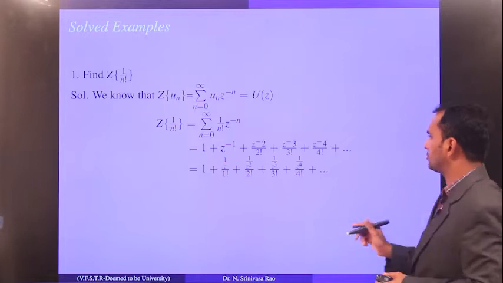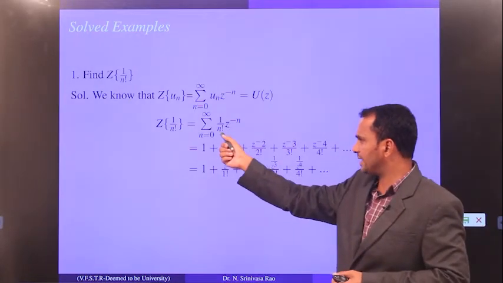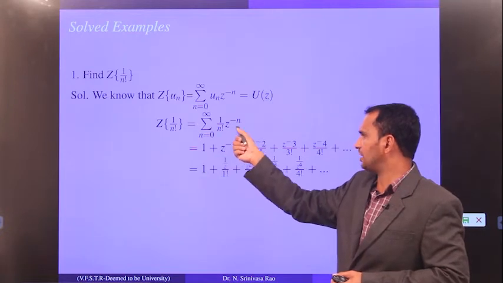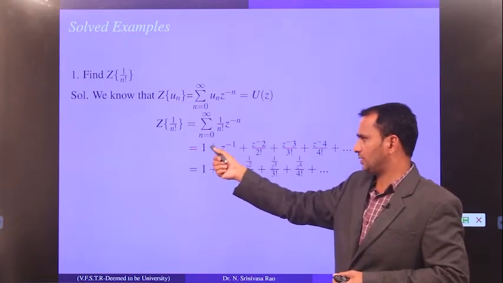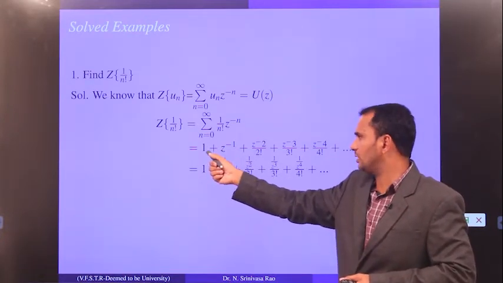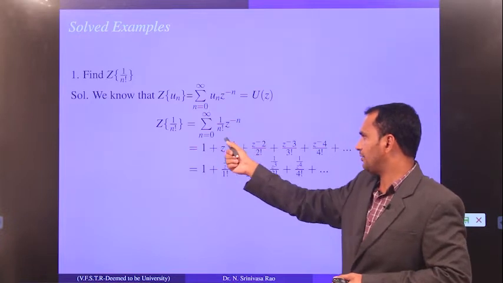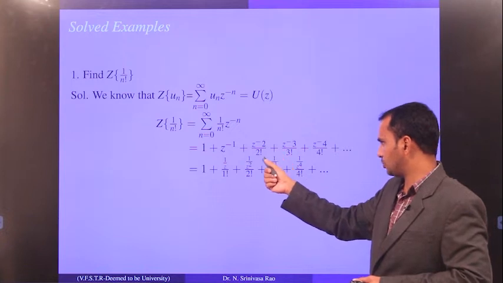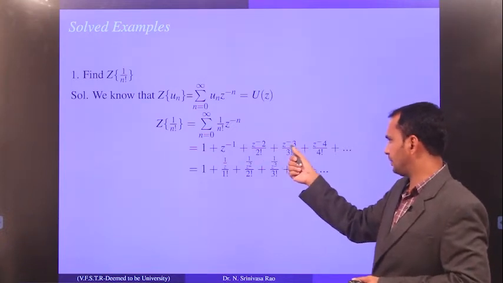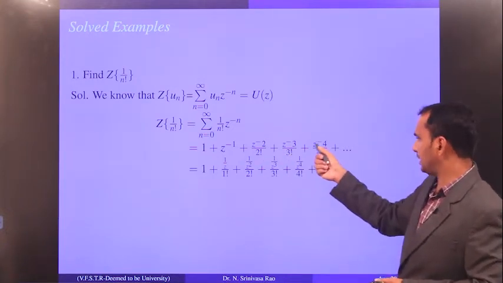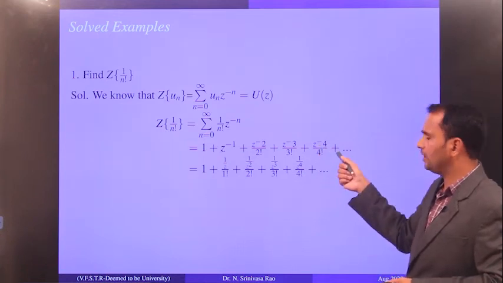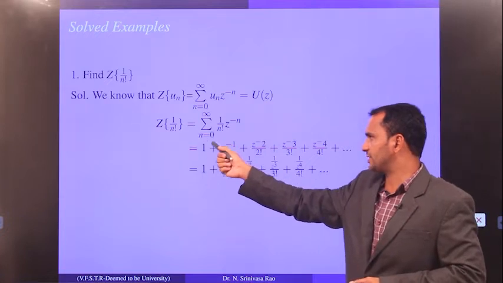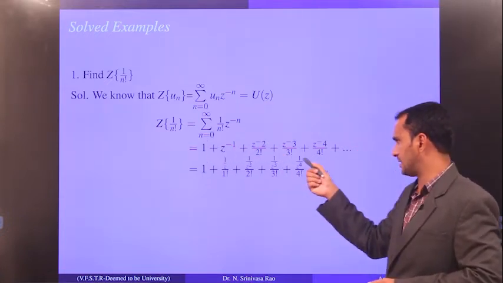If n equals 0, what will you get? 1 by 0 factorial, and 0 factorial is 1, and z to the power minus 0 is 1, so 1 into 1 is 1. Therefore 1 plus 1 by 1 factorial, z to the power minus 1, plus z to the power minus 2 by 2 factorial, z to the power minus 3 by 3 factorial, z to the power minus 4 by 4 factorial, and so on. So when n runs from 0 to infinity, you will get this expression.